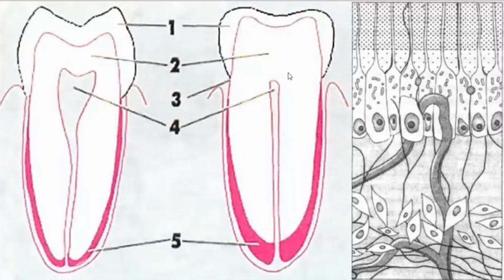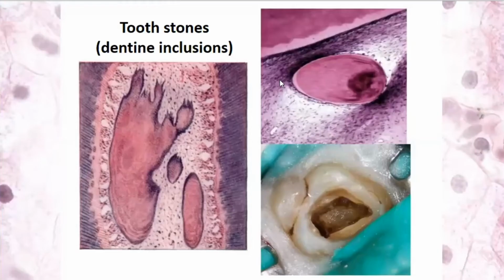And here we can see age changes in the pulp. Pulp becomes smaller and smaller, and the thickness of dentine increases because of production of new dentine. And in some cases, there are tooth stones, or dentine inclusions, or denticles. They are found inside the pulp. Dentine may be present inside the pulp, and these structures may cause irritation of nerves inside the pulp, and pain in teeth may be caused by the presence of tooth stones.